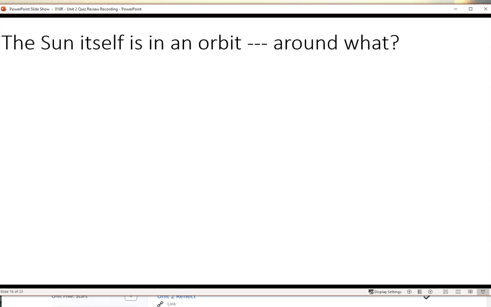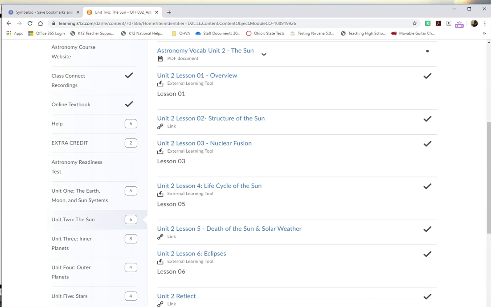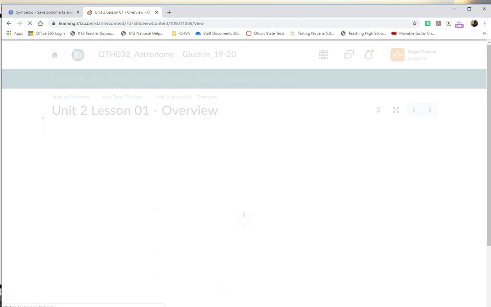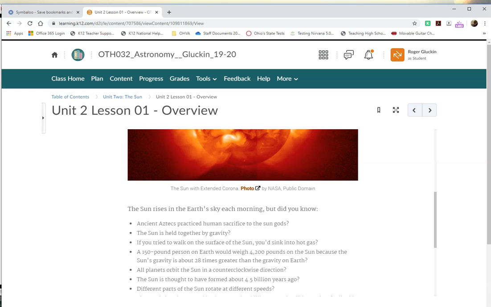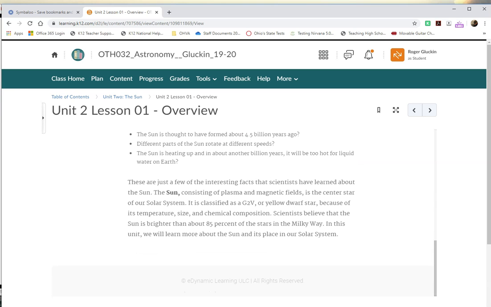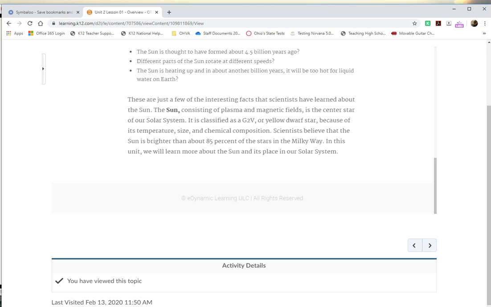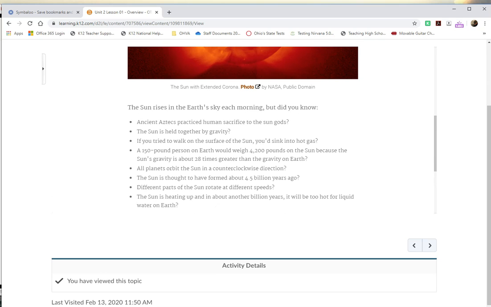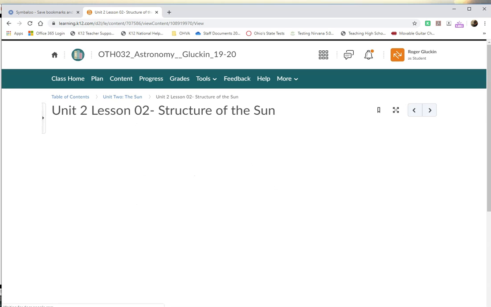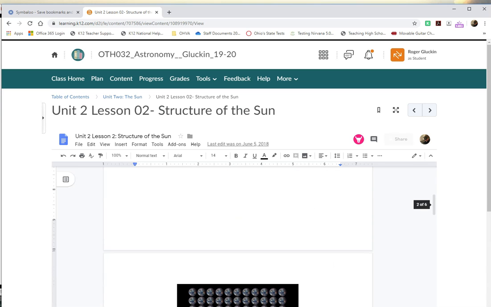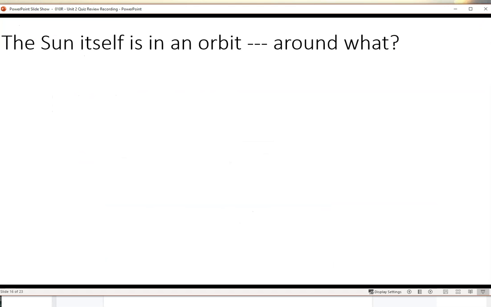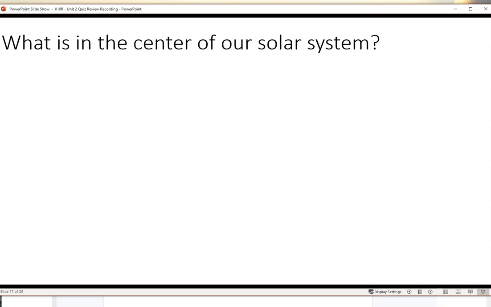The sun itself is in an orbit around what? And take a look at the overview here. Lesson 1, and you'll learn about that. Oh, sorry about that. No, lesson 2, actually. Correction. Lesson 2 for that one.